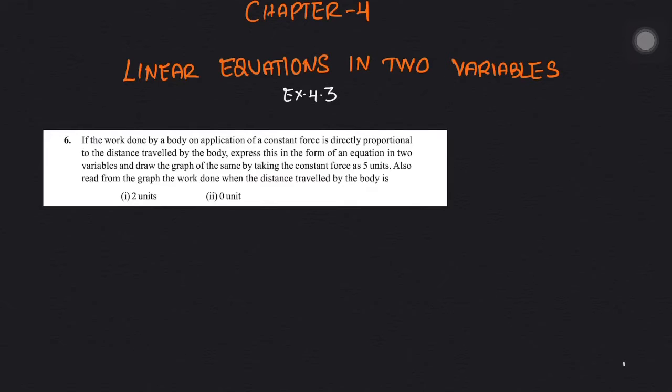Also read from the graph the work done when the distance traveled by the body is, first, 2 units and next, 0 units.